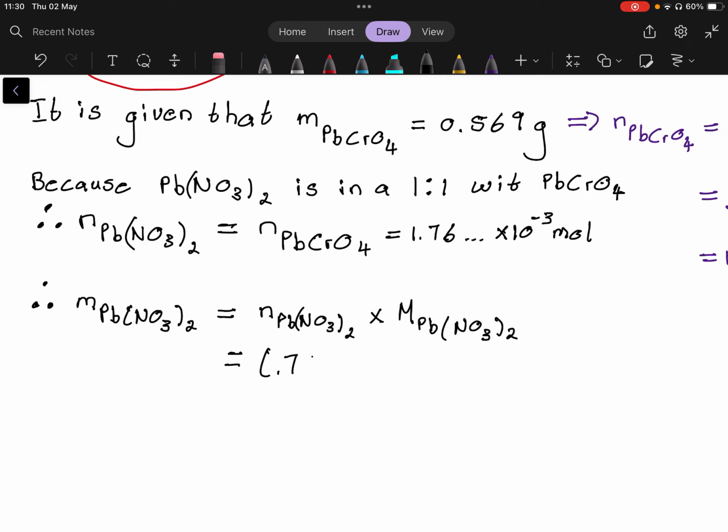So it's equal to this 1.76 times 10 to the negative 3 mole times the molar mass of lead nitrate, which is 331.214 gram per mole.